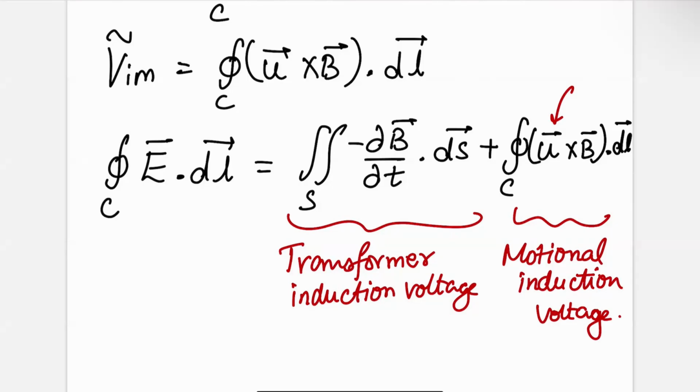Okay, so it's interesting to see that all we did is take this derivative which was out here and bring it inside. Pulling that derivative in when the surface is changing gives us a second term, which is the motional induction voltage, right? So that's the consequence of taking that derivative in.